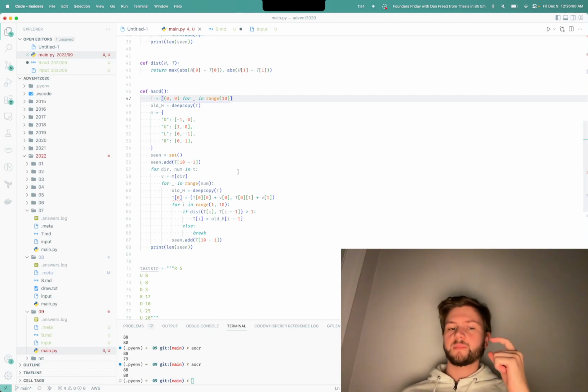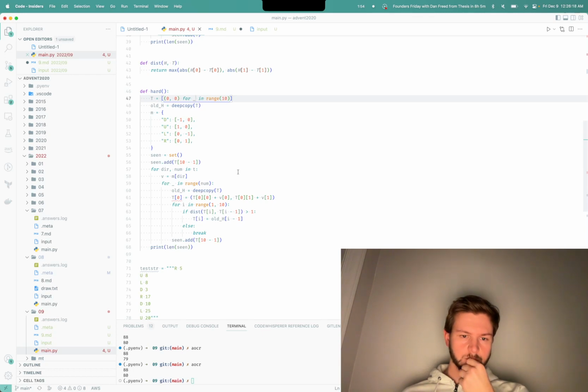I'm always just comparing a pair of knots, and if the distance is greater than 1, then I move it to the old value of the previous one. And this comparison is still the same.